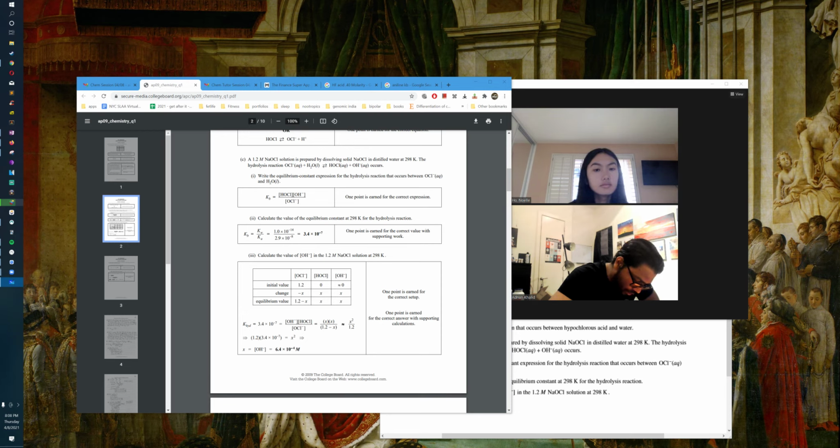I get 1.2 molar here. Kb was 3.4 e negative 7 over, that's just going to be x, and this is going to be x.